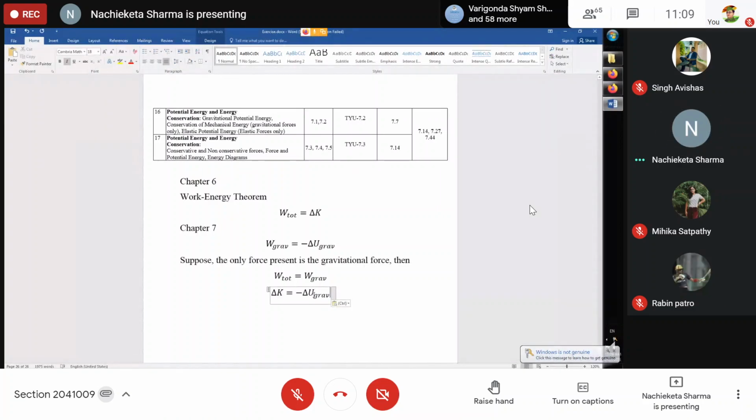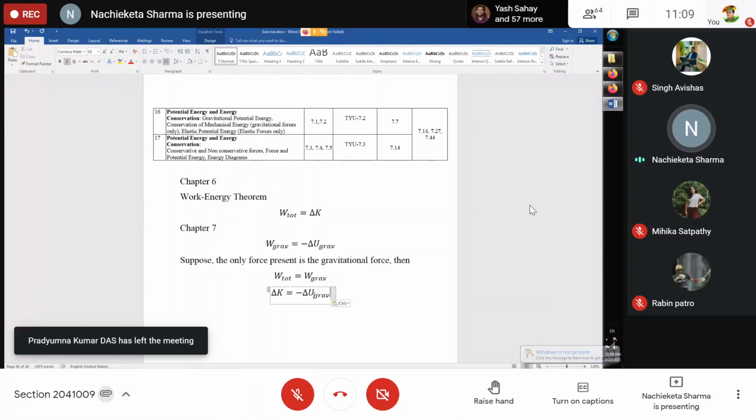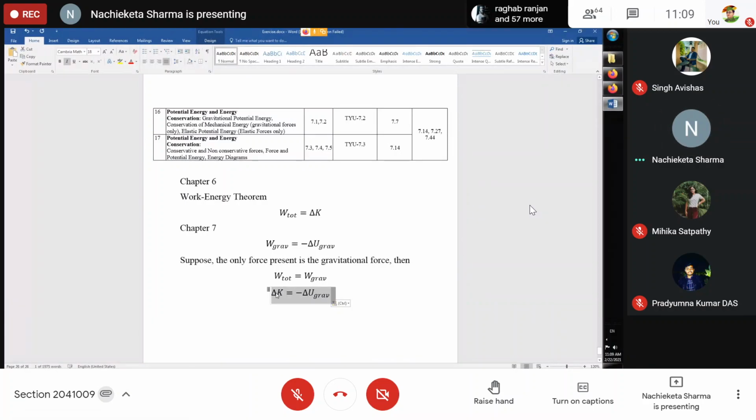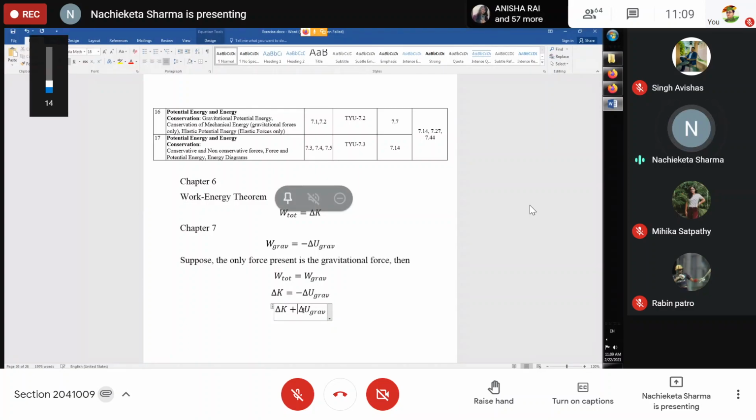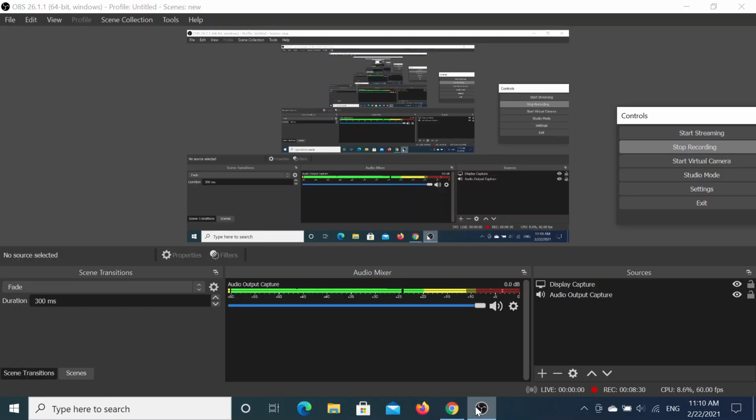This is also a very important conclusion: the increase in potential energy is equal to the decrease in the kinetic energy, or vice versa. You can bring this minus to the other side, so it becomes plus, and the right hand side will be equal to 0.